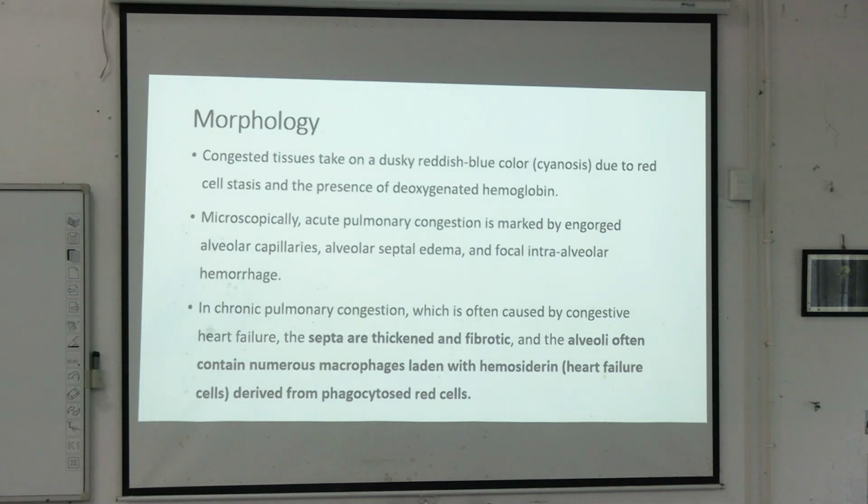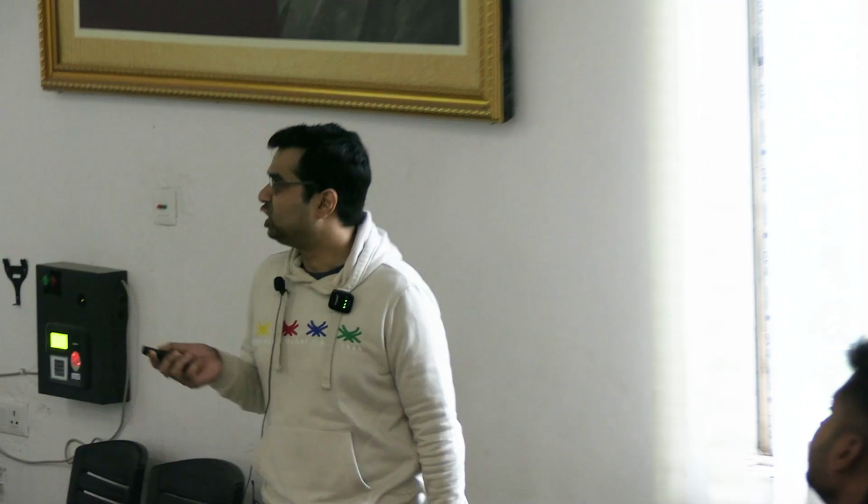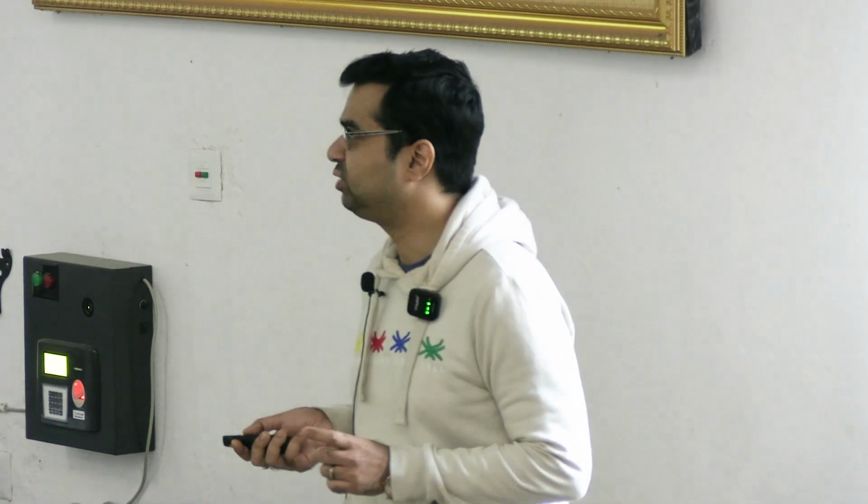Now, the morphology: gross morphology and microscopic morphology. Congested tissue takes on a dusky reddish-blue color due to red cell stasis and the presence of deoxygenated hemoglobin.